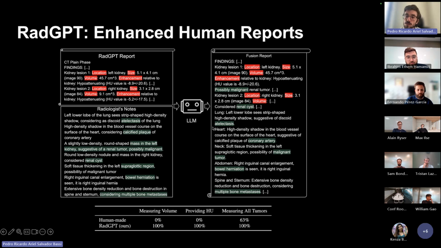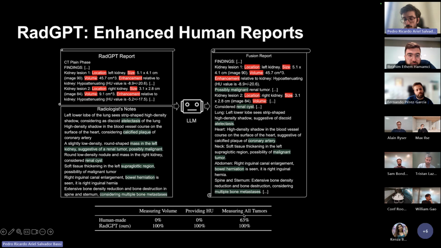So we compared these reports to reports in a major US hospital, and we found that our reports always measure all of the tumors that were found in the CT scan. So if the CT scan has 10 tumors, we'll have measurements, locations, and detailed information for each one of them. However, the human-made reports normally will only have this information for the largest tumors.